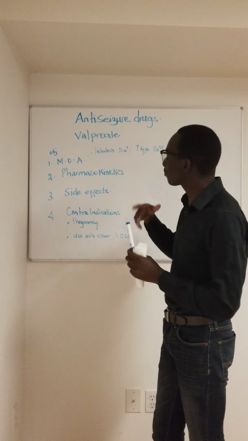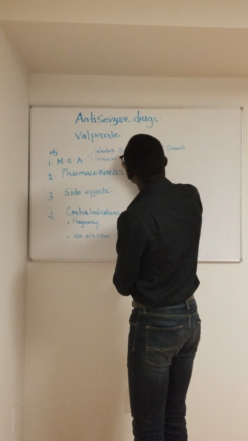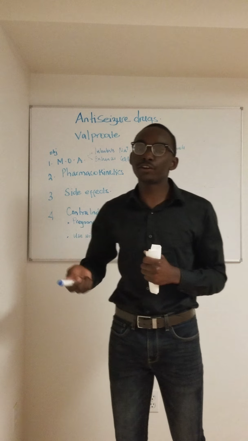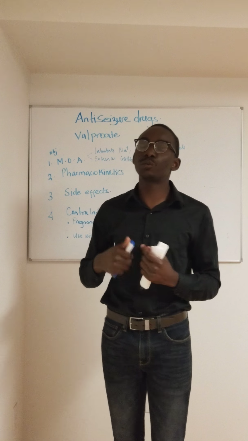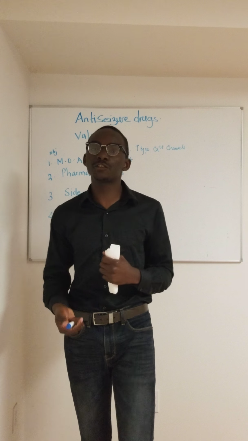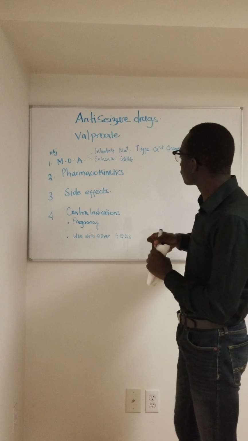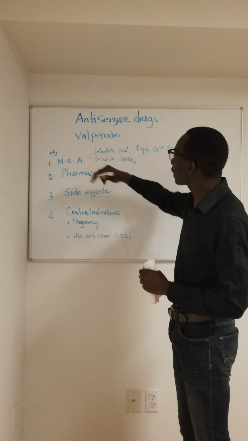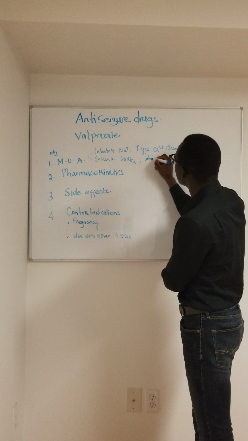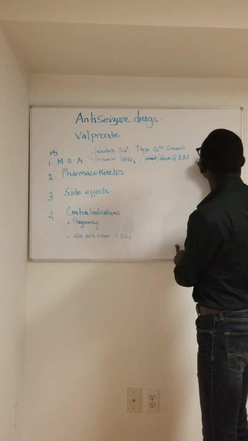Another mechanism of this drug is that it also enhances the GABA effect. We've seen that GABA is an inhibitory neurotransmitter in the central nervous system, and what it does is cause chloride influx, leading to hyperpolarization of the postsynaptic neuron, so leading to no further firing of impulses. This drug enhances this GABA effect, and also it blocks GABA uptake.